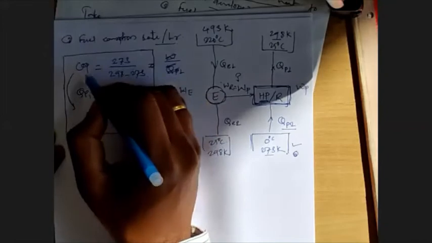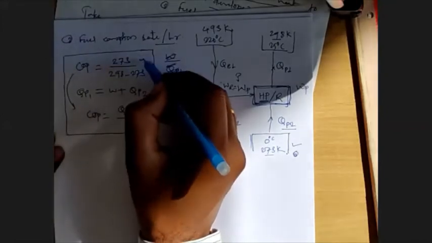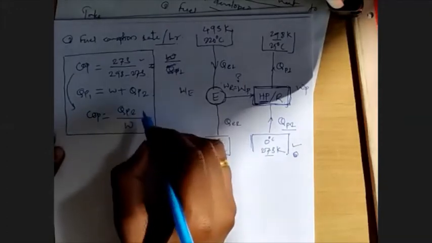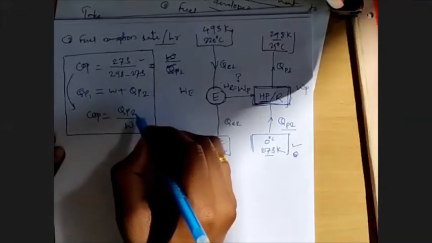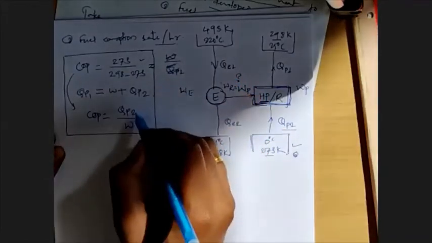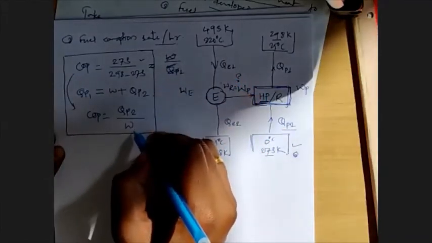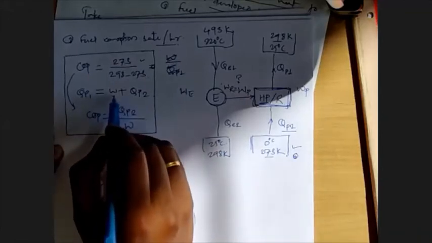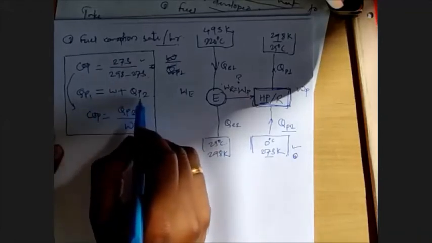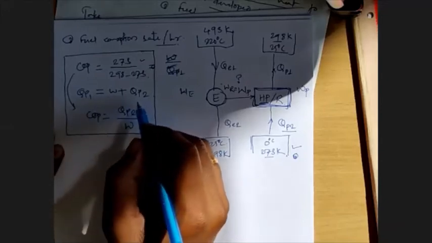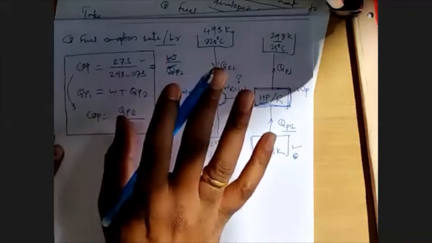First one, COP relation in terms of temperature. Another, COP relation in terms of the amount of heat exchange with the body whose temperature is to be maintained divided by work consumed, or there is an alternative relation, that is W is equal to QP1 minus QP2, or QP1 is equal to W plus QP2. You can use any of these three relations.